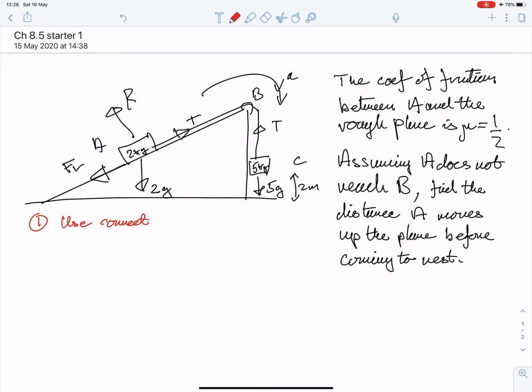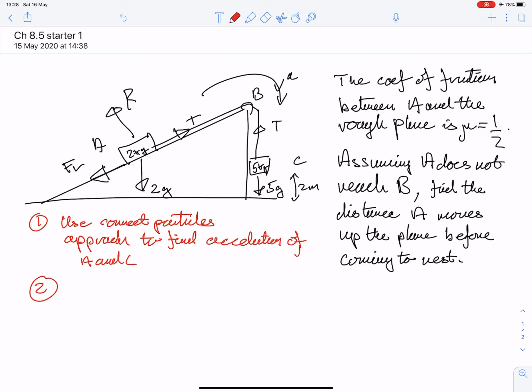Our plan, 1, use connected particles approach, so that's what we usually do when things are connected, to find acceleration of A and C.